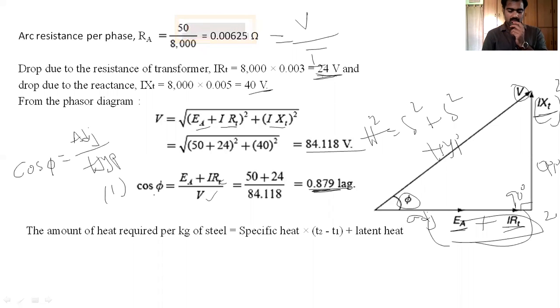First of all, we have to calculate the amount of heat required per kg of steel to melt the given material. For that, we have the formula: specific heat into the difference between final temperature and initial temperature, plus the latent heat of the material.